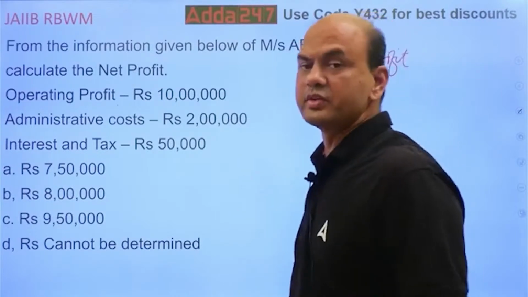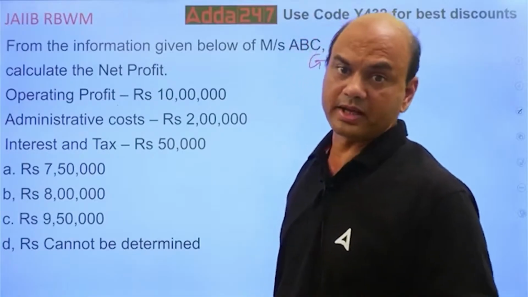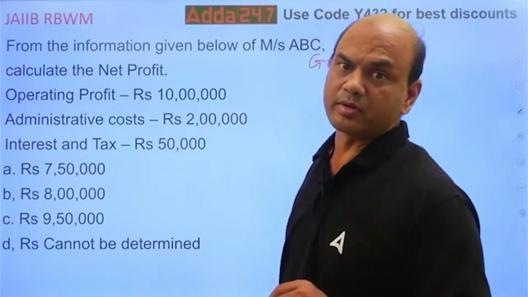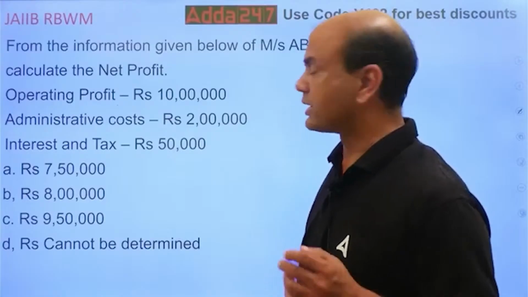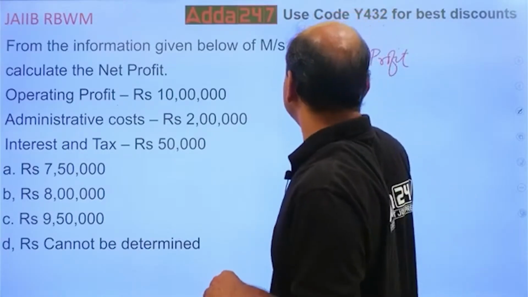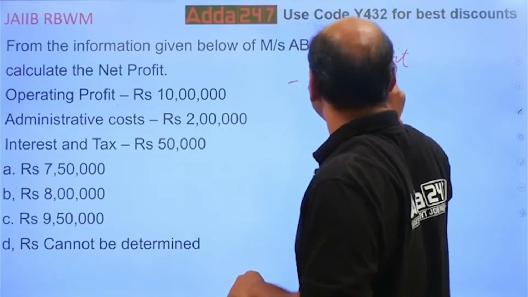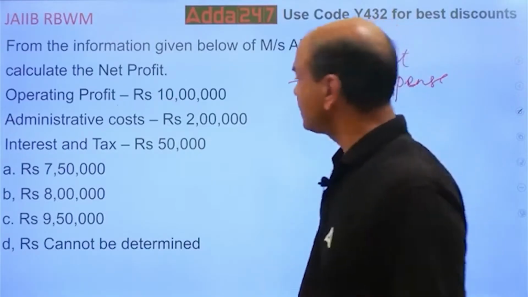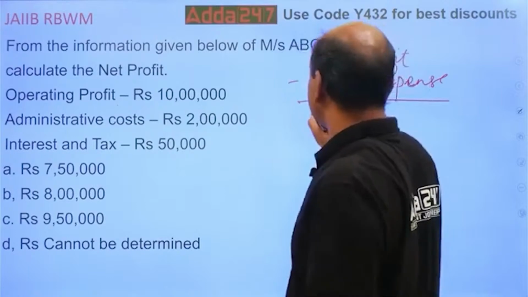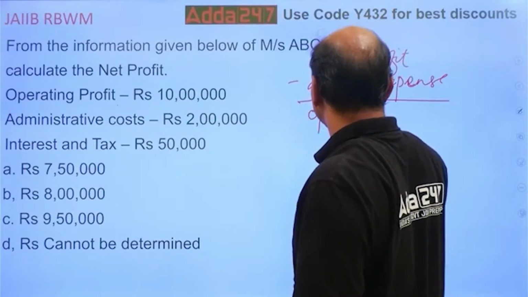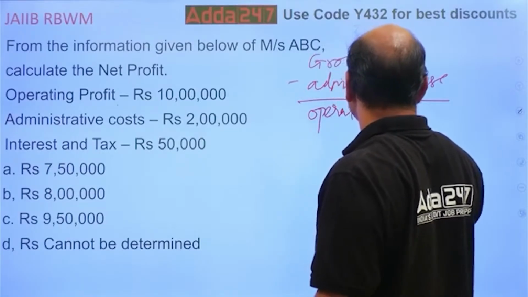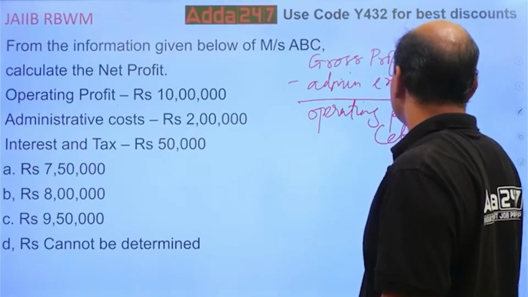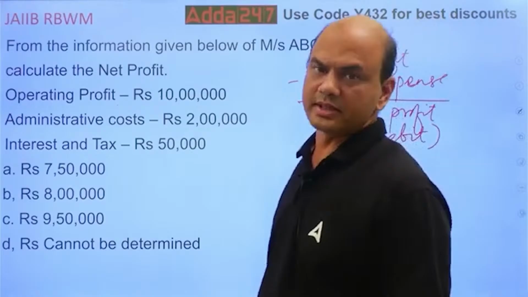From this gross profit, when you subtract the operating expenses, all these admin expenses, then you get operating profit. So minus admin expense, then you get operating profit, or you call this as EBIT also, earning before interest and taxation.